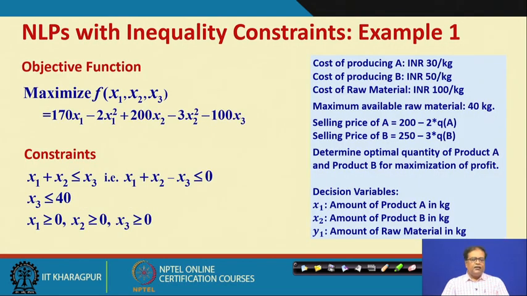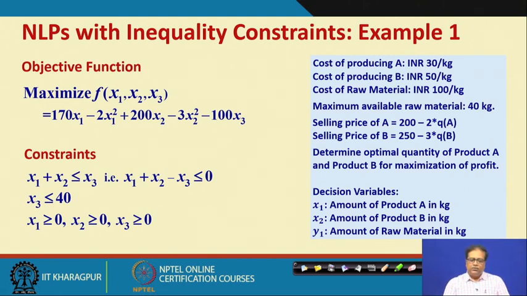In our last lecture we formulated the problem. The formulation was: maximize a function of x, where there are three unknowns: the amount of product A in kg, the amount of product B in kg, and the amount of raw material in kg.